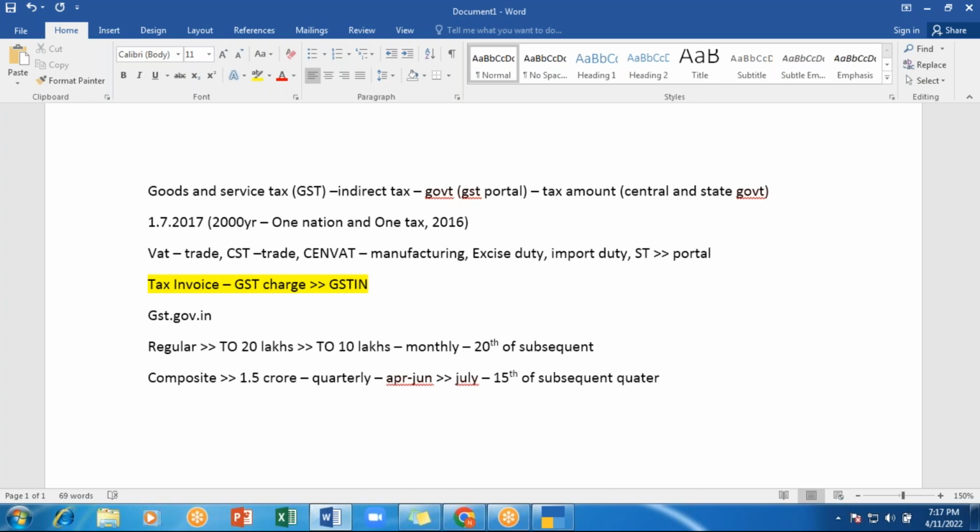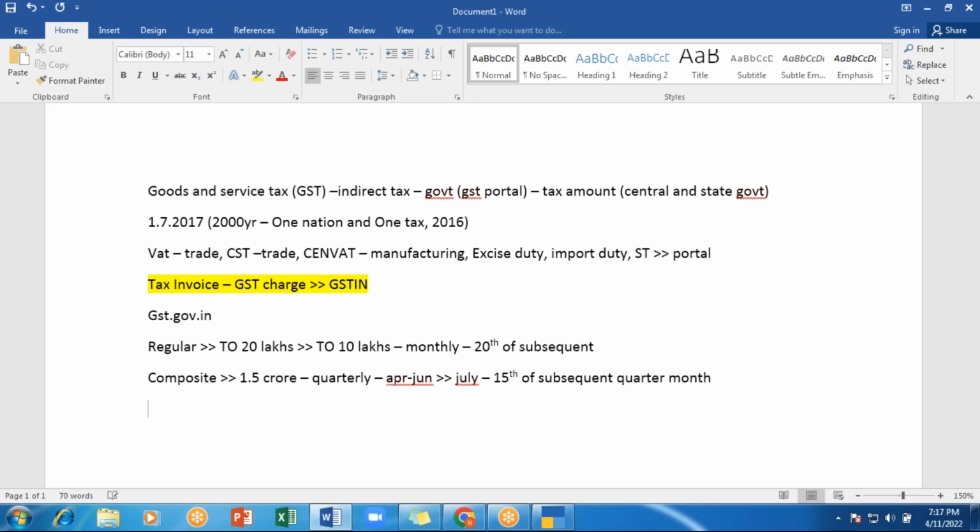That means you won't be paying every month; after one quarter, the next month you will pay. So April, May, June, first quarter, file it in July. July, August, September, pay in October. October, November, December, pay in January. January, February, March, file in April, like this.